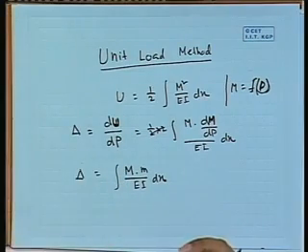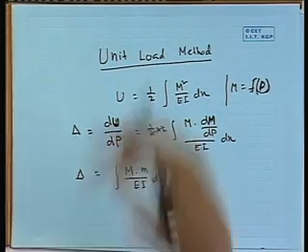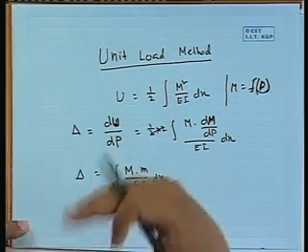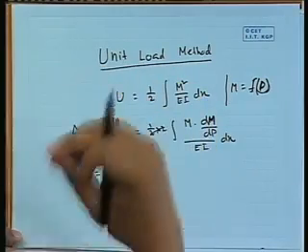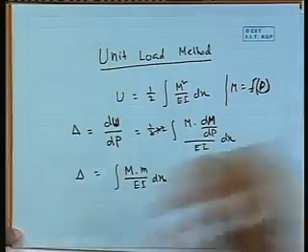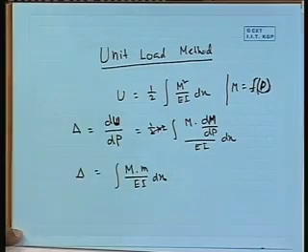Right. So, at this level, if we forget what we have done and try to follow the steps, what we have to do? Take the structure, and due to the actual load, for the different segments, write down the moment expression, capital M. Next, say we want to get the deflection at point C. So, we have to apply 1 unit load at point C, only 1 unit load, no other load, and for the different segments we get the moment expression, that will be small m.